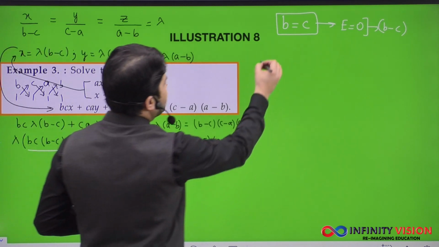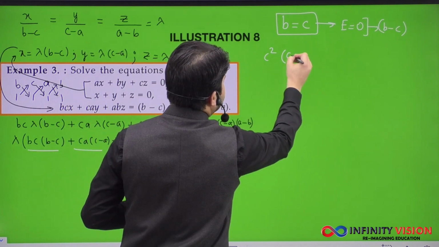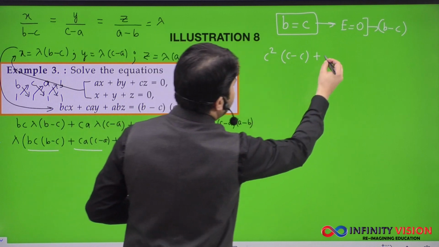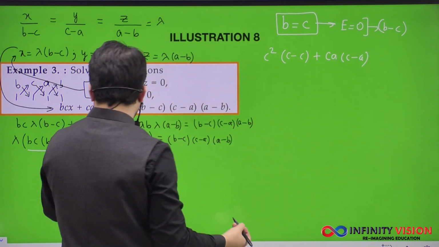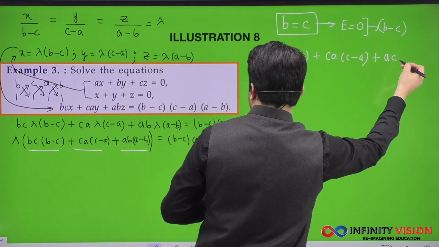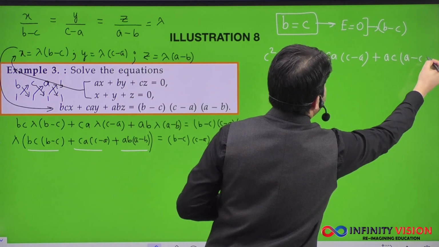So bc will become c square and b will become c, so c minus c. In the second expression, you don't have b, so you can write ca into c minus a. In this last expression, you have ac because b has to be replaced by c, and then a minus c.